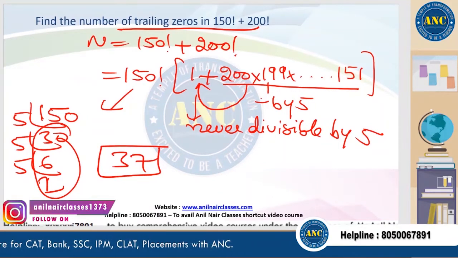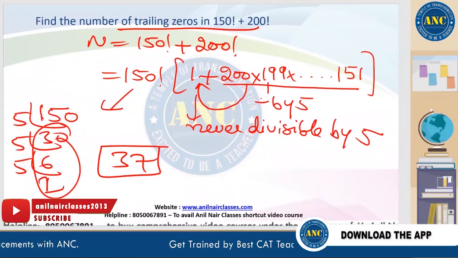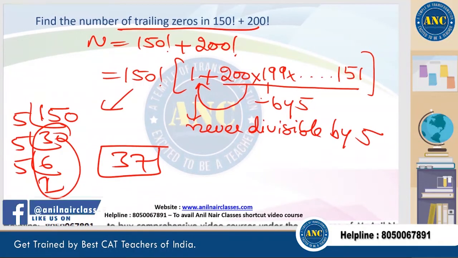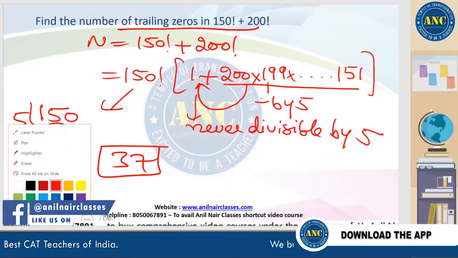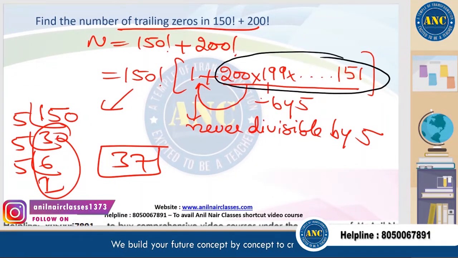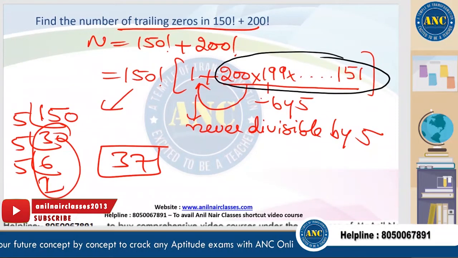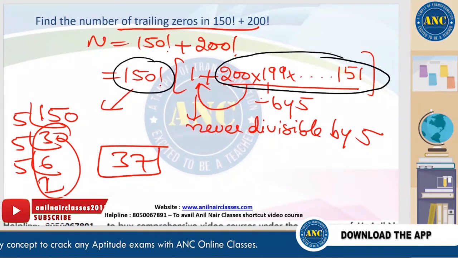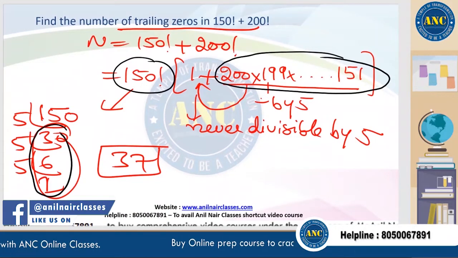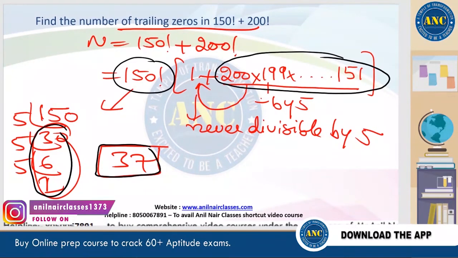If I take 150 factorial common, 1 plus 200, 199, 198 and so on up to 151, that means this entire number is divisible by 5. 5k plus 1 is never divisible by 5. 150 factorial: 5 30s are, 5 6s are, 5 1s are. 30 plus 6 plus 1. Answer is nothing but 37.